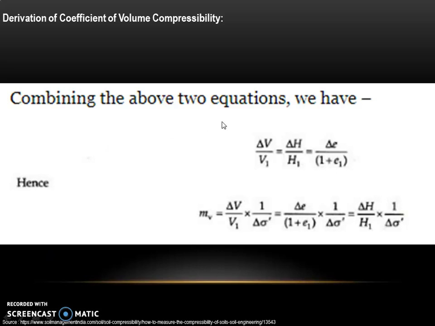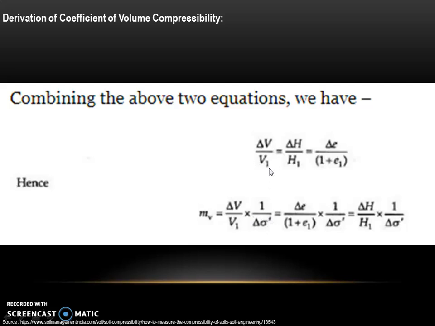We will combine both of the equations. So we get delta V divided by V1 equal to delta H divided by H1, which is equal to change in voids ratio divided by 1 plus e1. The definition for coefficient of volume compressibility says that it is a ratio of change in volume divided by initial volume to the change in effective stress. So change in volume is delta V, initial volume is V1, and change in effective stress is delta sigma dash.